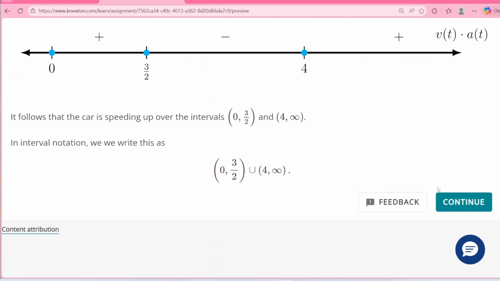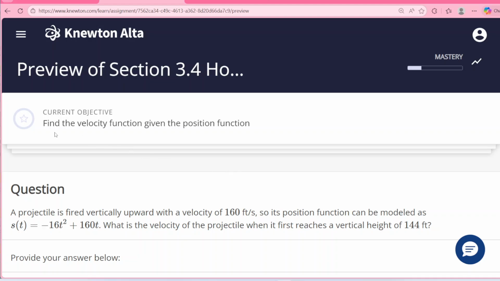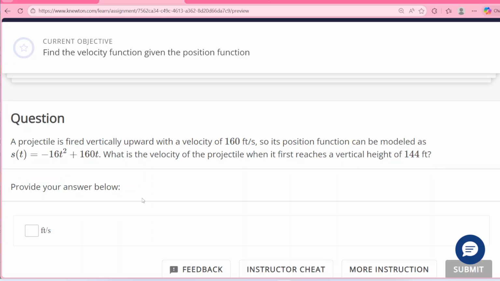Let me go through all that here. All right. So now it's simply find the velocity function given the position function. Notice they've got the units on this one, right? It's feet per second. A velocity is change in position over change in time, feet per second. So you're just entering a number here, it looks like.